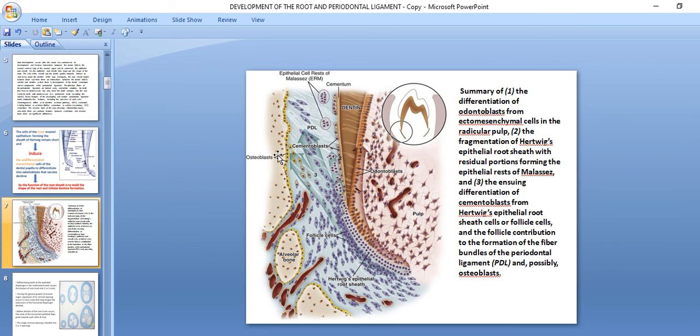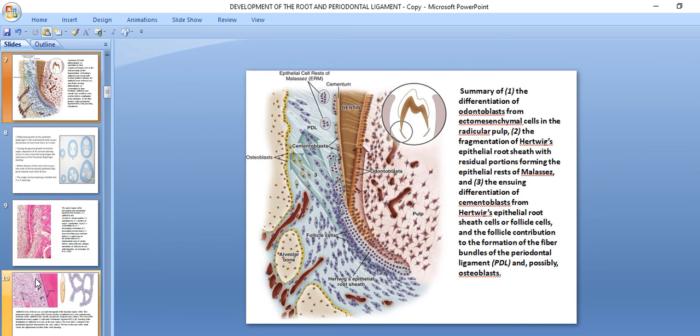There has been controversy concerning the connective tissue immediately beneath the developing root apex.